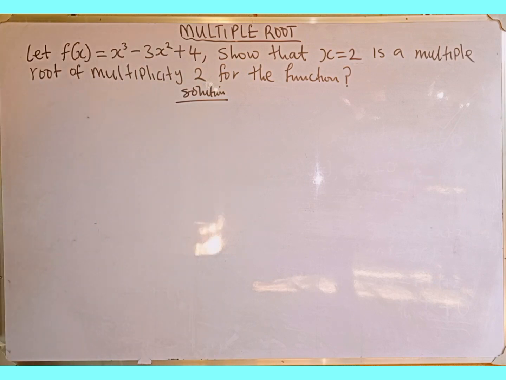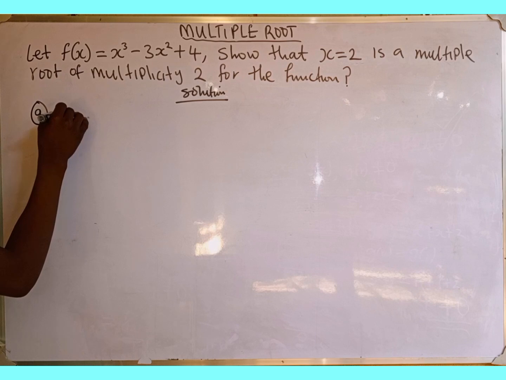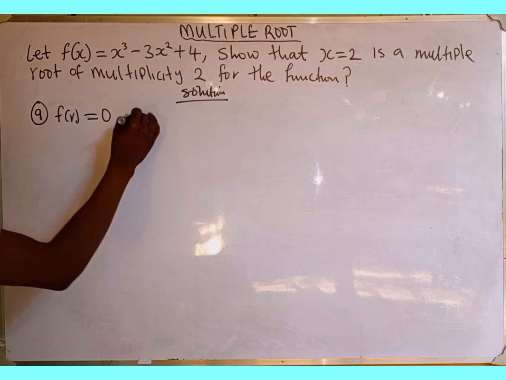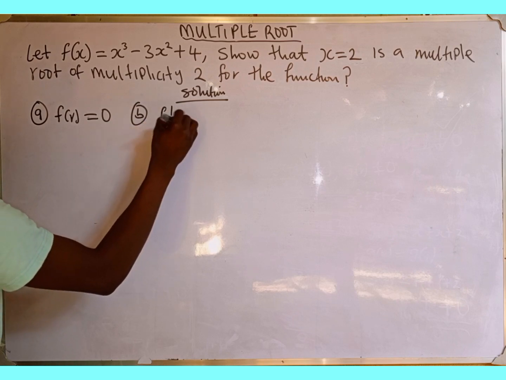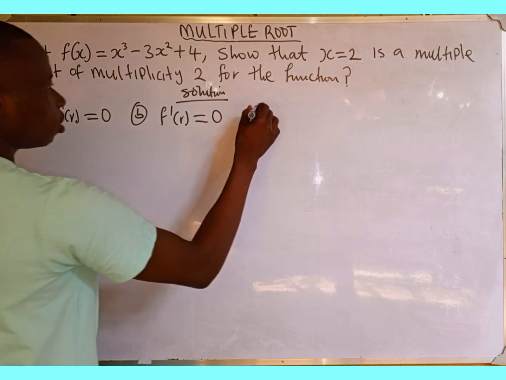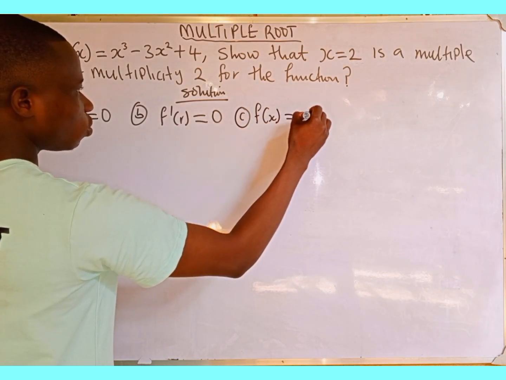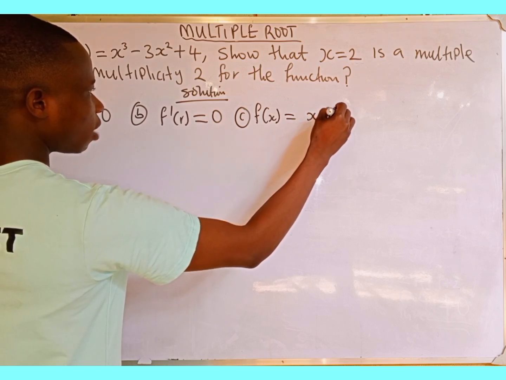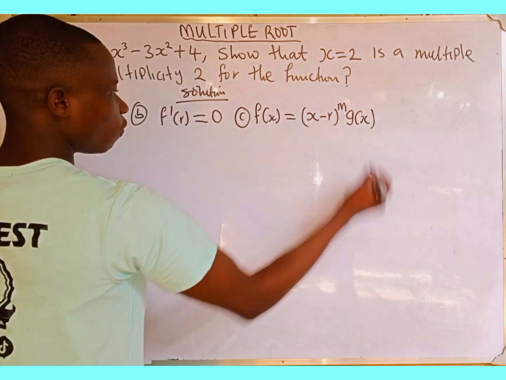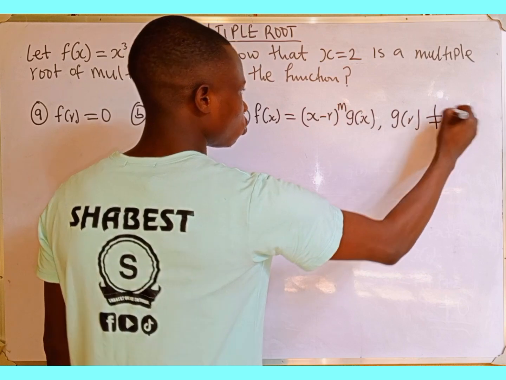And the conditions are: the first condition, we say that f of r is equal to 0. Then the second condition says f prime of r is equal to 0. And the third condition, which is number C, f of x is equal to x minus r raised to the power of m, multiplied by g of x, where g of r is not equal to 0.